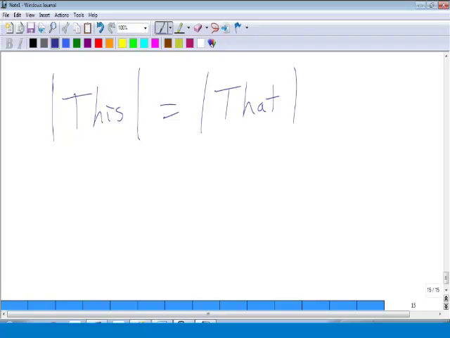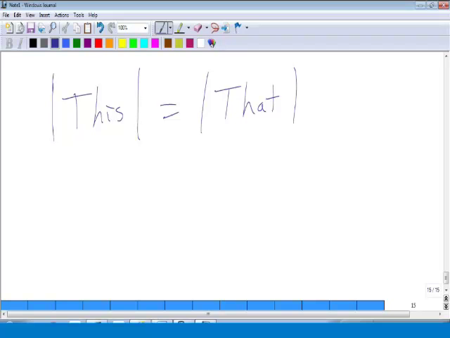Is it possible for two numbers to have the same absolute value even though they're actually different numbers? Well, you have negative 3 and you have 3. Do those two numbers have the same absolute value? Yeah. They do.